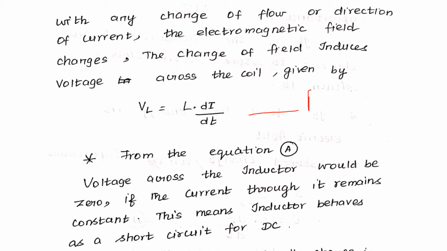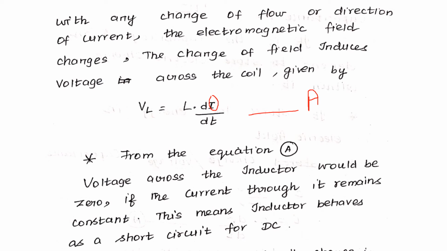So take this equation A. From equation A, the voltage across the inductor would be 0 if the current through it remains constant. The differentiation of a constant gives the value 0. So when a steady, constant current flows through an inductive coil, we get the voltage equal to 0.